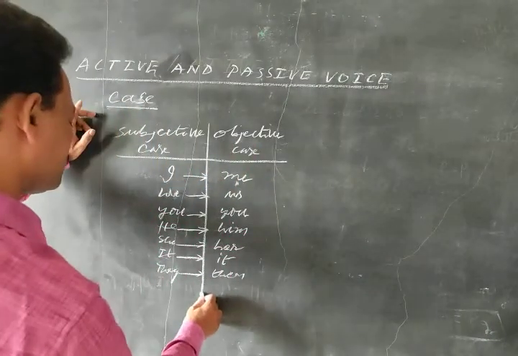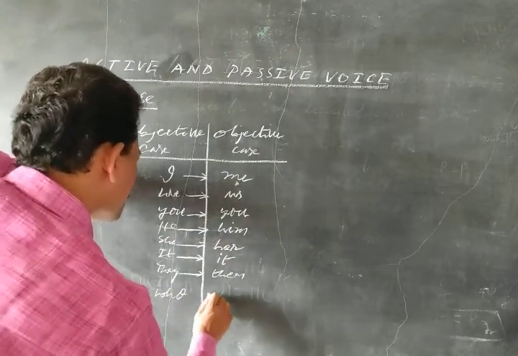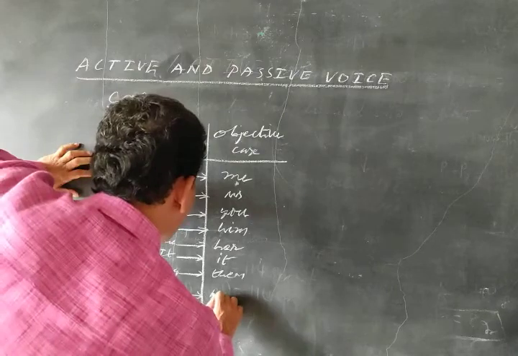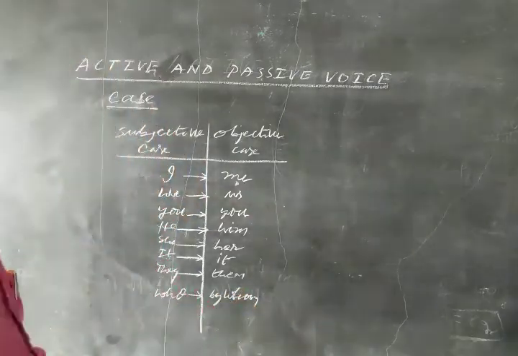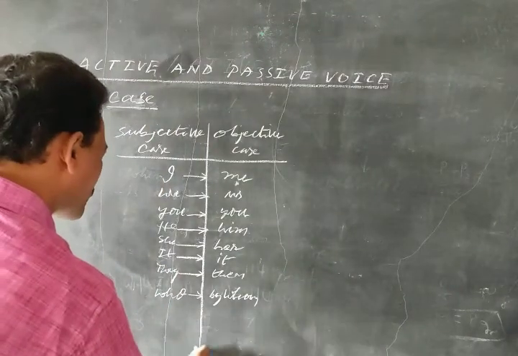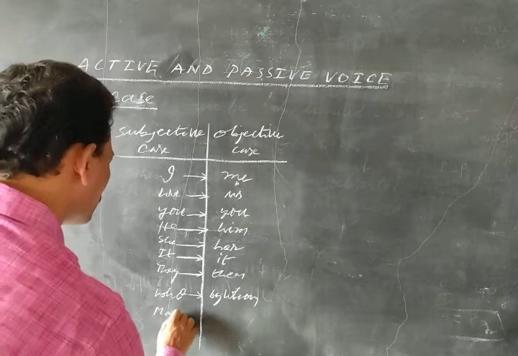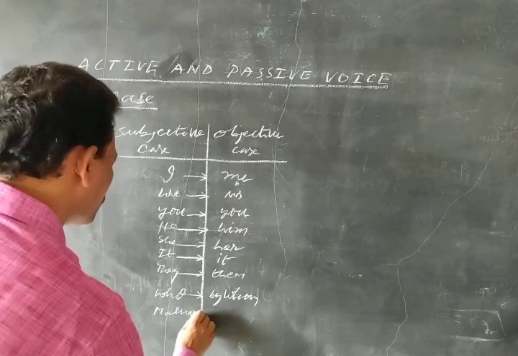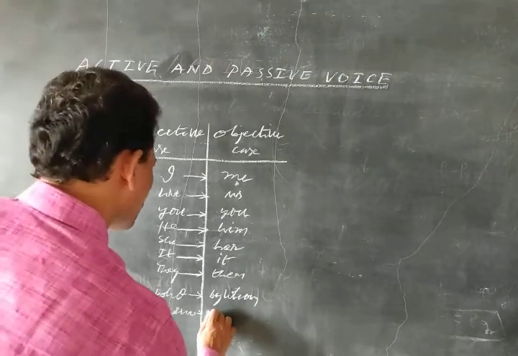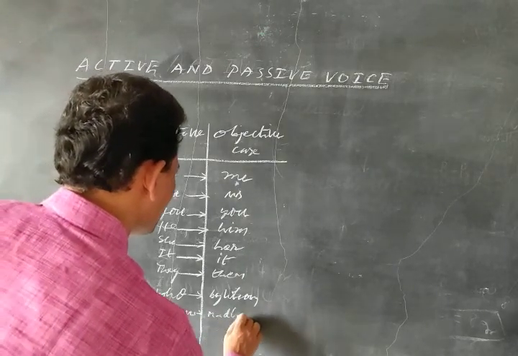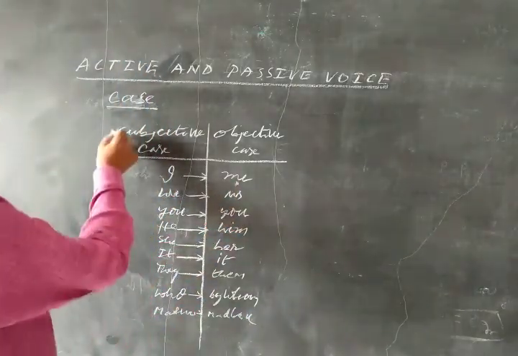And also who becomes by whom. If there is a proper noun, suppose Madhu, Madhu is a proper noun and it doesn't change, it is used the same. Proper noun doesn't change.